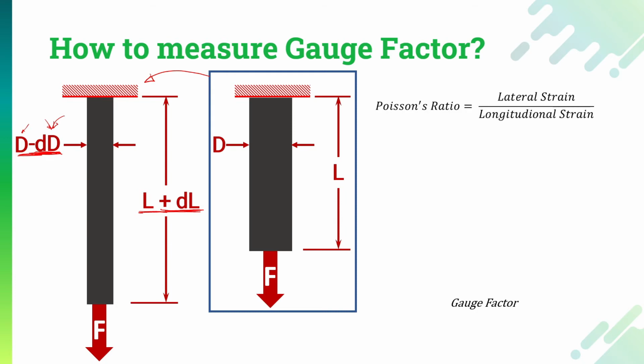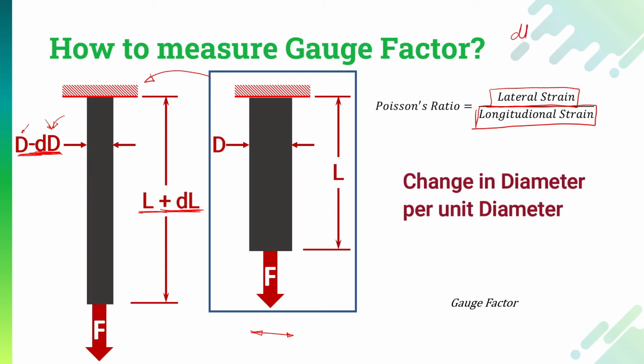Let us check out the very first equation that we need. The equation is Poisson's ratio. Poisson's ratio is derived like this: the lateral strain divided by the longitudinal strain is known as Poisson's ratio. So what is the lateral strain? Lateral strain is basically the lateral change in the dimension divided by the actual dimension.